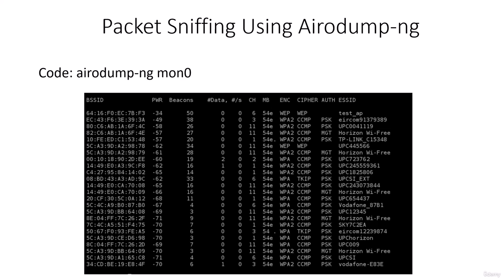There is a test router that we are running, as you can see, and it's very close to me, at -34. You can go down to the networks that are farther and farther away from me.